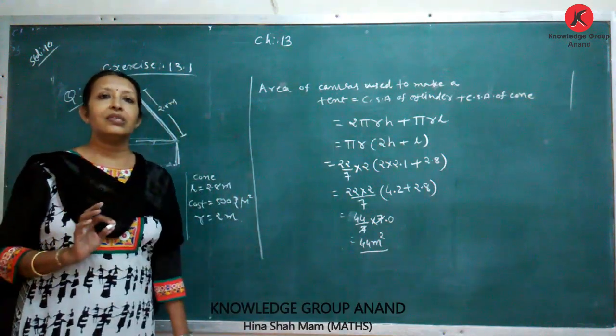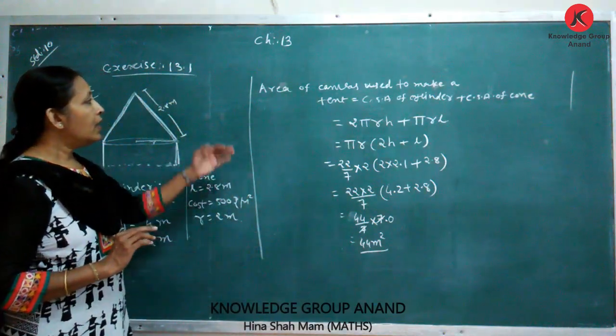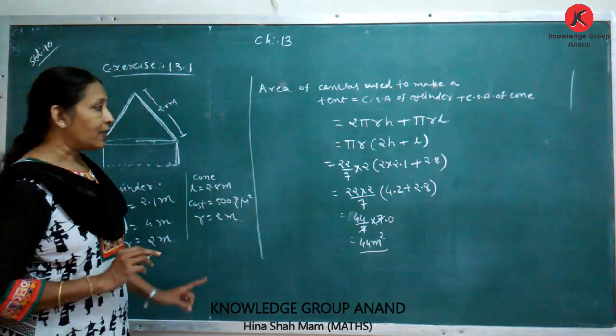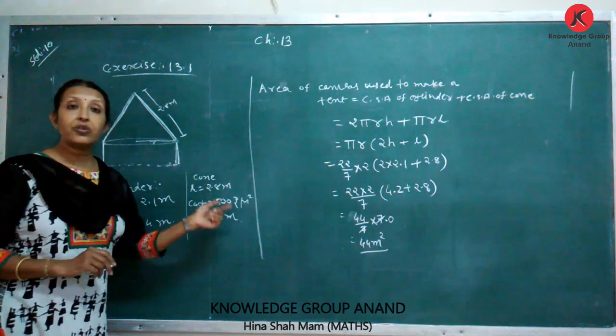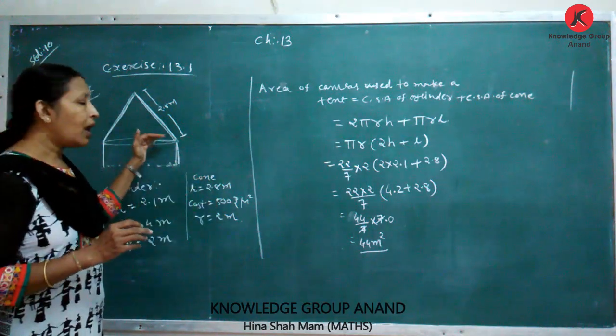Canvas used is equal to 44 meter square. Now find the cost of canvas which is used to make the tent.